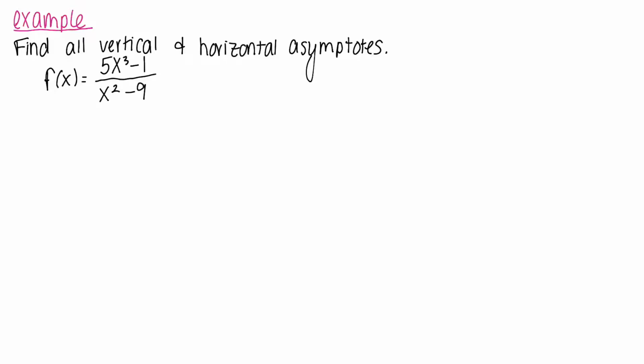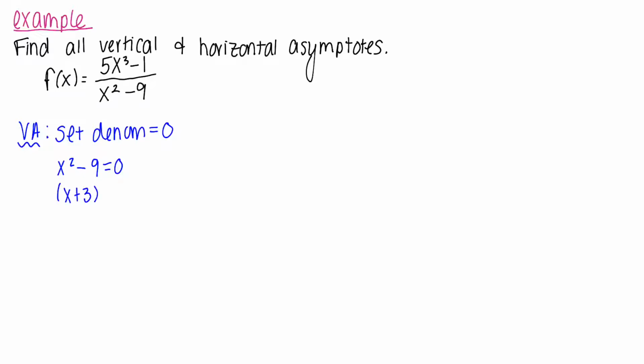So one last one where we find just the vertical and horizontal asymptotes, and then we're going to talk about graphing. Here we have f of x equals 5x cubed minus 1 all over x squared minus 9. Vertical asymptote, once again, set the denominator equal to 0 and solve for x. So we have x squared minus 9 equals 0. I'm going to factor that because it's a difference of squares.